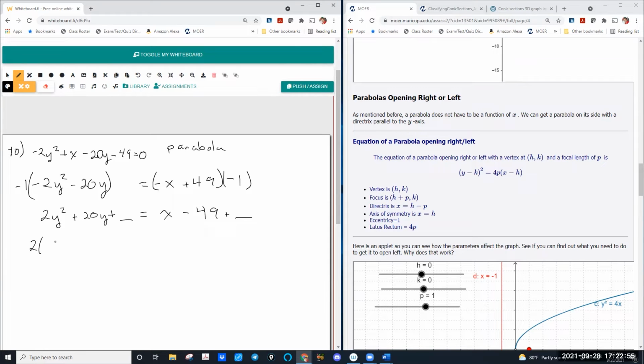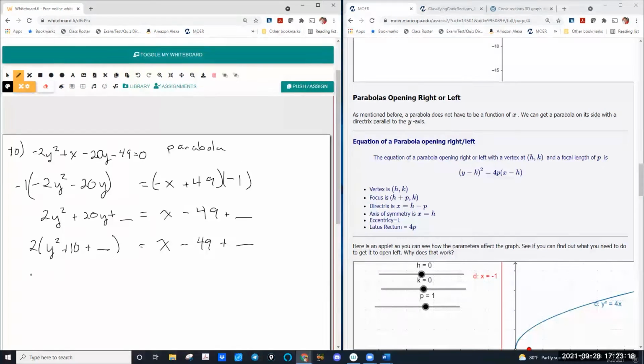So I divide by the 2, and I get 2 times (y squared + 10y + something) over here, x - 49 + that something.